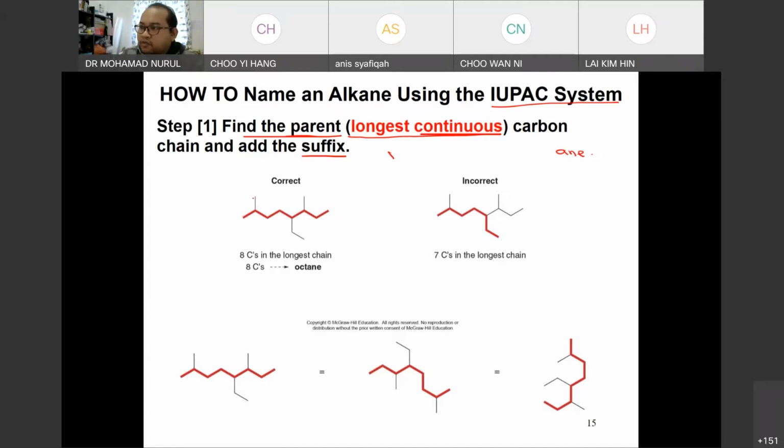From here, it's 7 also. 8 is the longest one. So first you have to count the longest continuous carbon chain. It doesn't matter if the chain is straight or bent, but make sure it's continuous. The keyword is continuous.